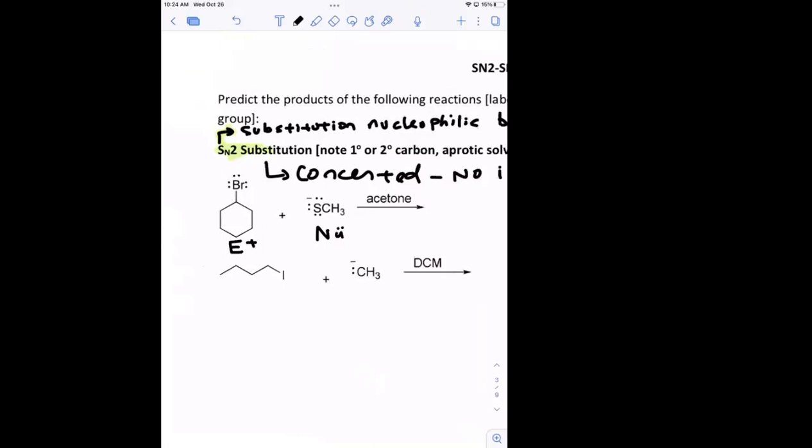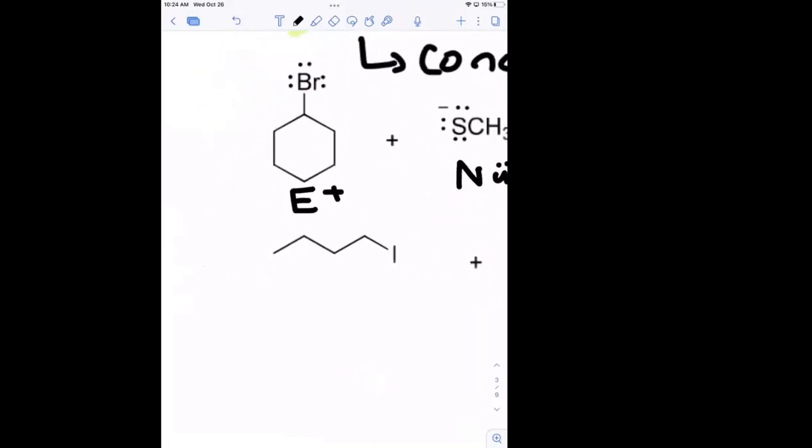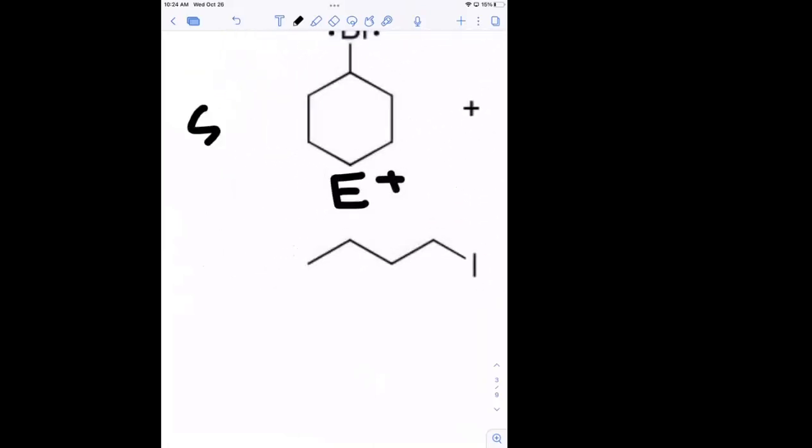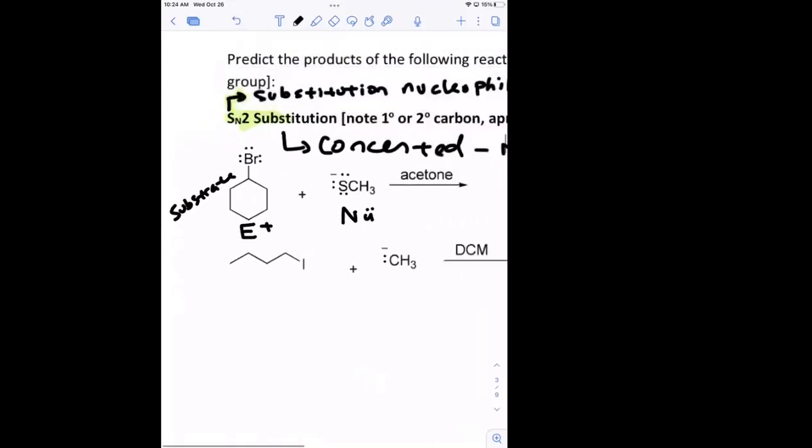And in the context of substitution and elimination, we call this electrophile the substrate. Nucleophile is ubiquitous. We can say that in any context, but in the context of substitution and elimination, we call the electrophile the substrate.